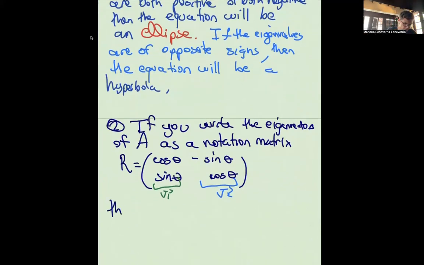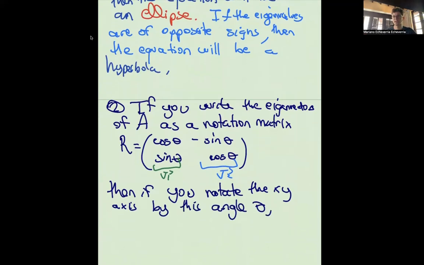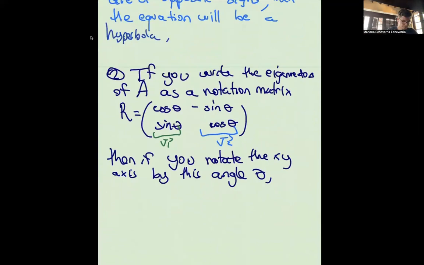So if you rotate the xy axes by this angle theta, the conic, the ellipse or hyperbola, will be standard.